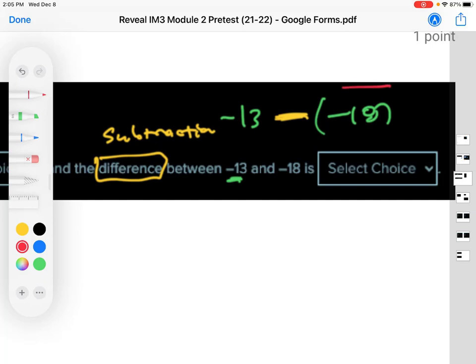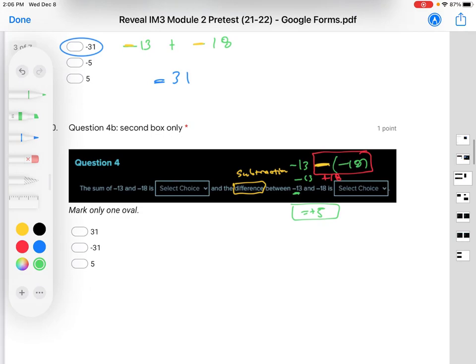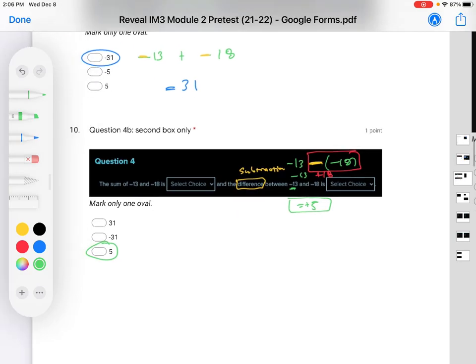Opposite of negative 18 here is positive 18. So we have negative 13 plus 18. There are more positives than there are negatives. There's 18 positives and 13 negatives, so there are 5 more positives as our answer. So positive 5 is our answer, and that is choice, the last one there.